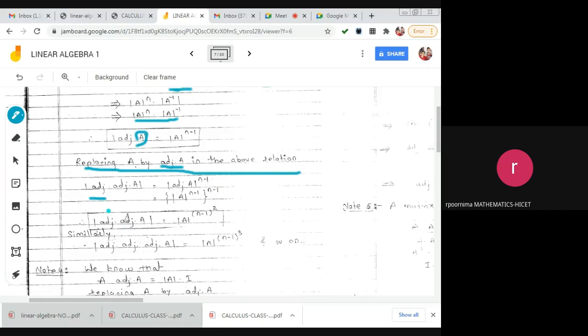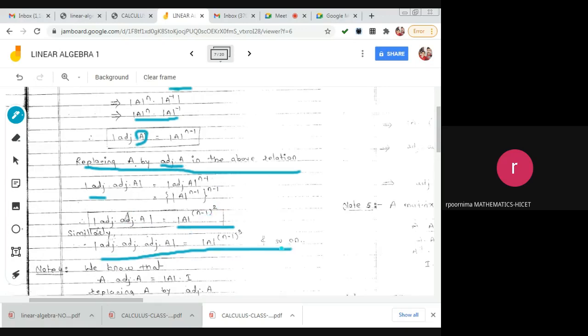So determinant of adjoint of adjoint of A is equal to determinant of A to the power n minus 1 the whole square. Okay. So in a similar way, you are extending that, that means determinant A to the power n minus 1 whole cube and so on.